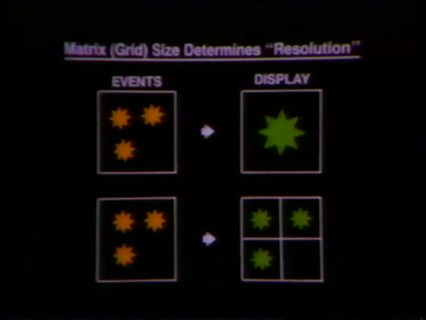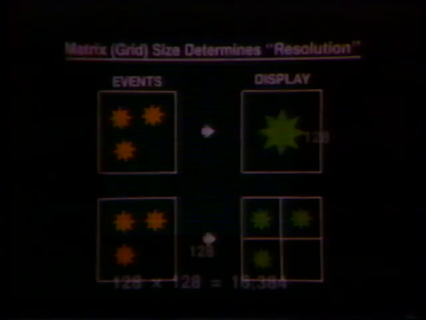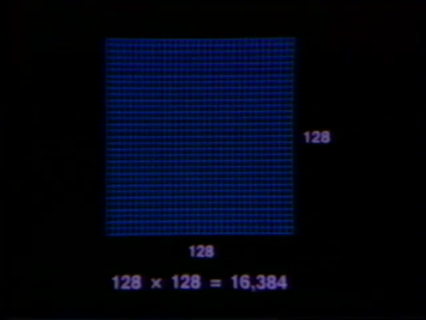If we wish to get better resolution, we must use a matrix with more boxes, each box smaller in size. If we cut the size of the boxes in our 64 by 64 matrix so they are approximately 3 millimeters square, we have a matrix of 16,384 boxes, or 128 boxes horizontally and 128 boxes vertically.